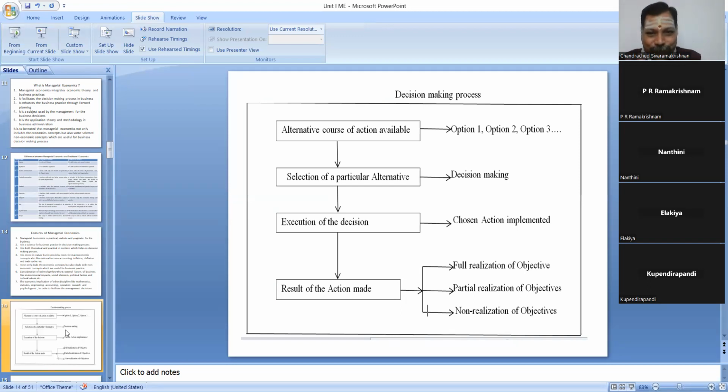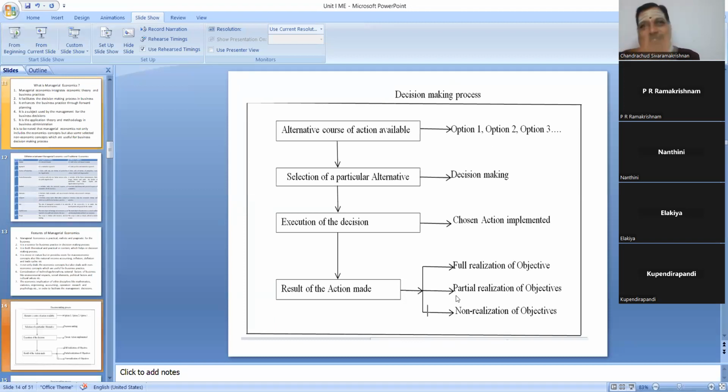Here I give one hierarchy which gives an idea about how we have to take a decision. The title is the decision making process. You can expect a Section B question on this. First, whenever we have to take a decision for a business problem, we should know the available solutions. That is called alternatives.